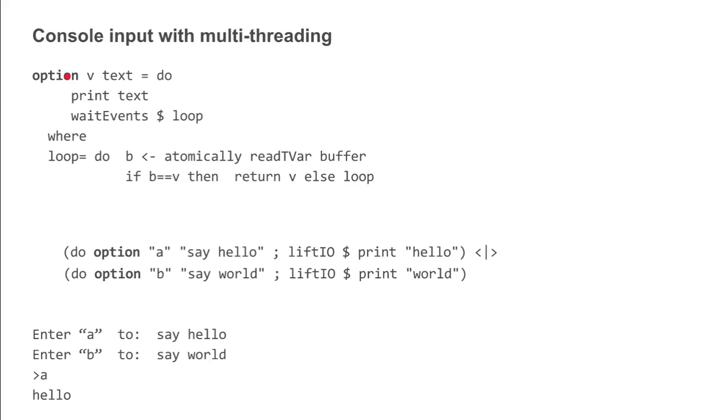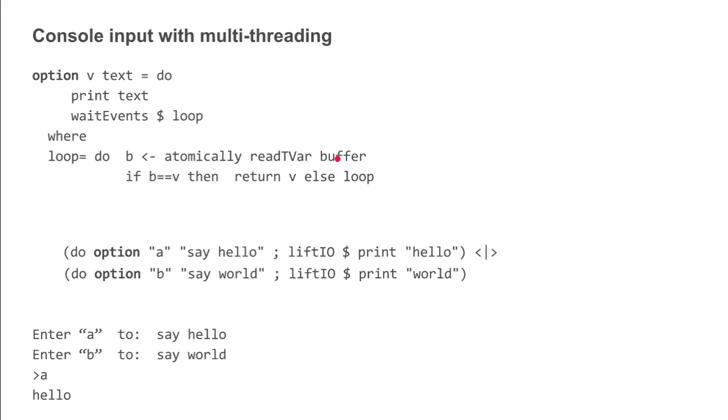Option has two operands. One is the prompt, and the other is a value expected by the input. What we do is wait for events from a loop which reads from a buffer.